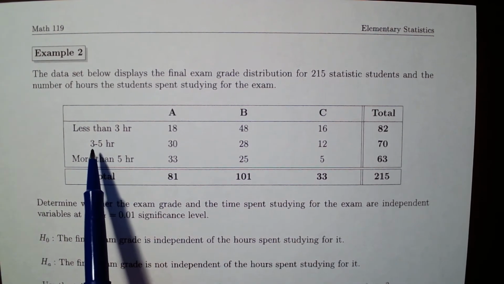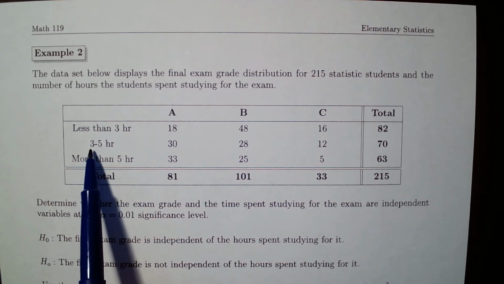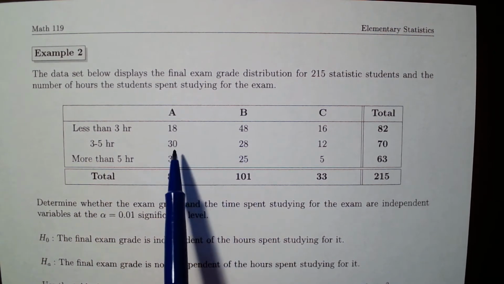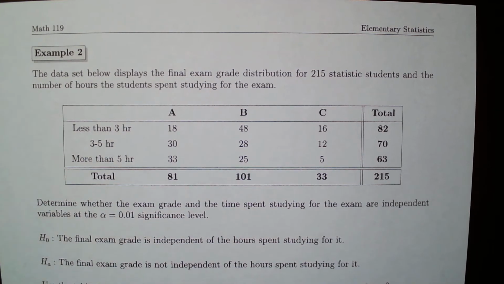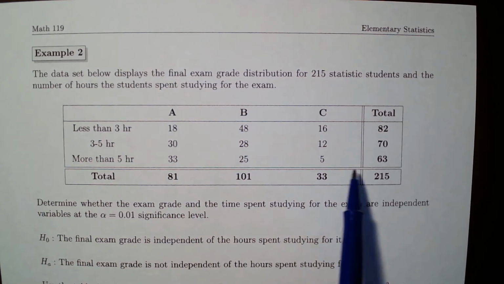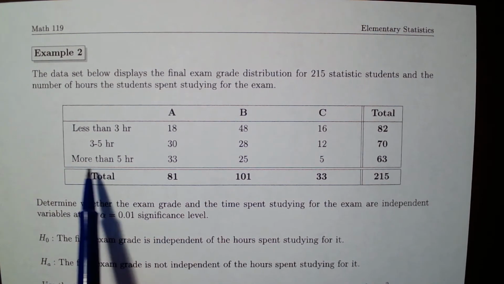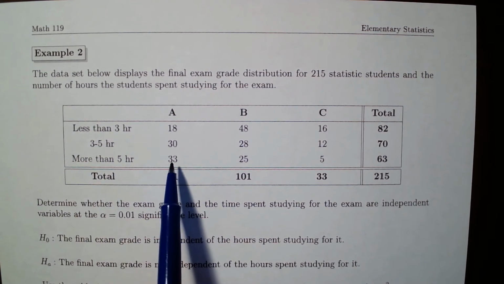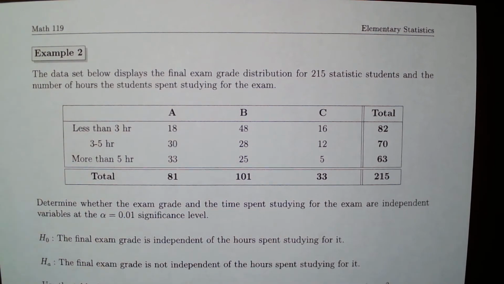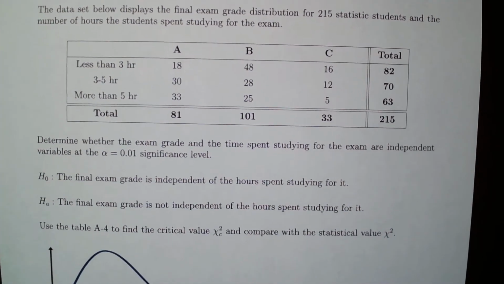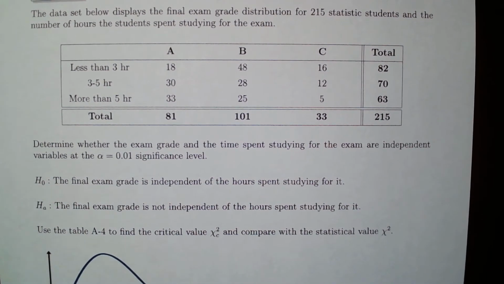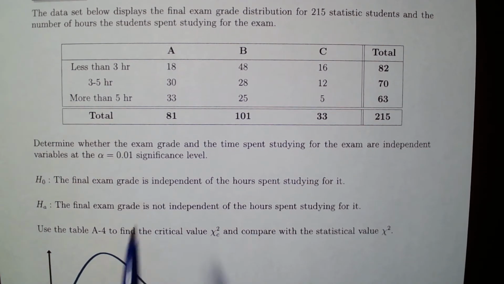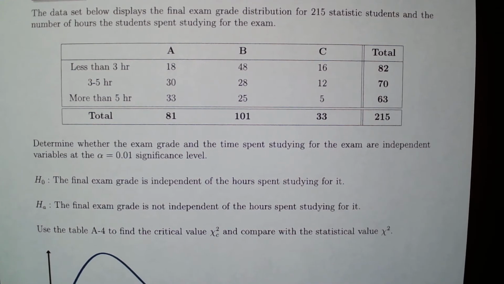Here we have the number of students who studied between 3 and 5 hours, and well, the number of A's, B's, and C's for students who studied between 3 and 5 hours. And then we have all the number of students that studied more than 5 hours and obtained A's, B's, and C's. All right, so determine whether the exam grade and the time spent studying for the exam are independent variables at alpha 0.01 significance level. Well, so let's see.